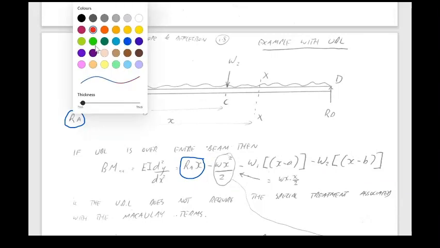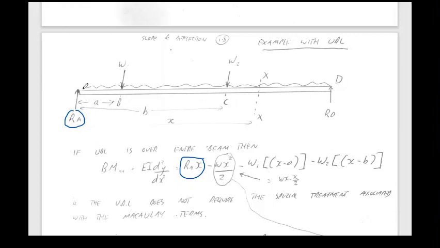So our uniformly distributed load is sat on top of the beam all the way along the length of the beam here. Okay, so to the left of position X, this load is W newtons per meter, so it's acting over X meters. So to the left of position X, the total force is W times X.